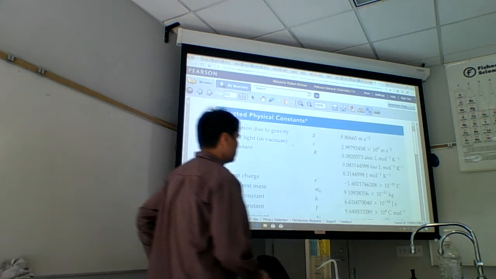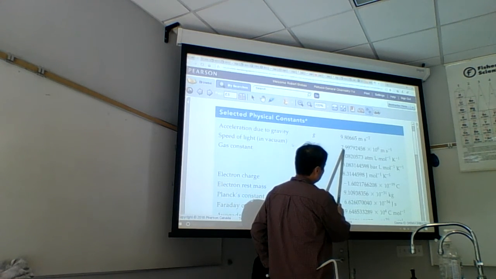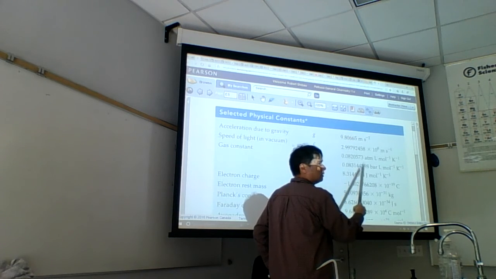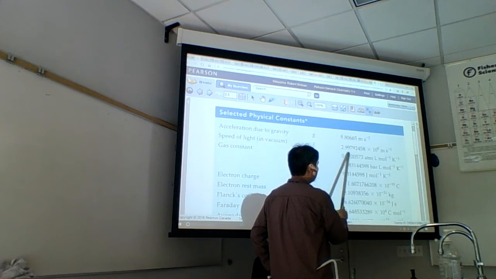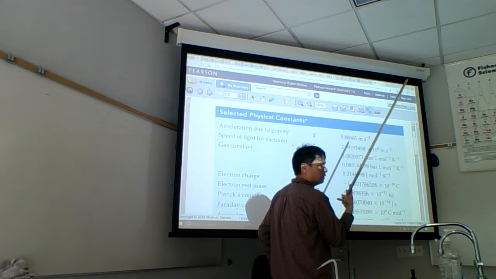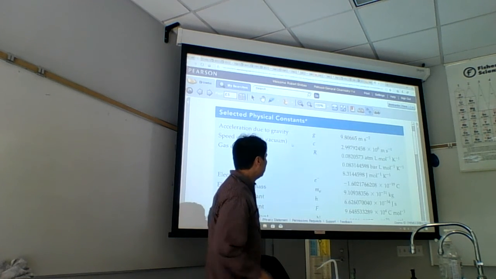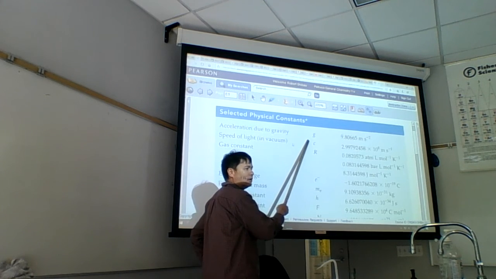So 1 sig fig is usually bad. In chemistry, I measured, and in higher level physics, you're going to use it to 4 sig figs, like 2.998. After basic physics, I learned 3, but in higher level physics, it's 2.998, 4 sig figs. That means less uncertainty. Okay. Well, G and C, you don't memorize. In fact, I don't think we're going to use G and C at all in this course.